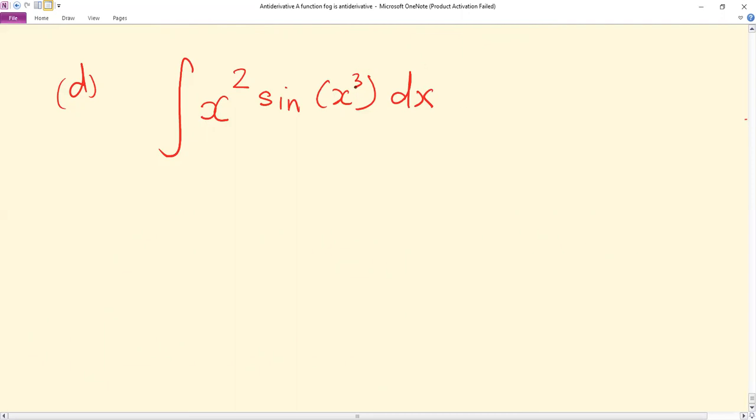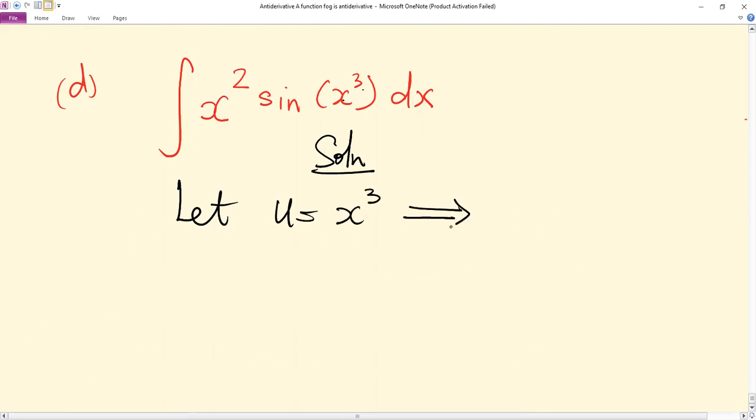But if you choose u to be x power 3, when you differentiate it, you'll get an x squared, which can cross with this other x squared. So the best choice for you in this problem is x power 3, not x power 2. Because when you choose x power 3, after doing the transformation, this x squared will cancel out. So you say, let u to be x power 3.